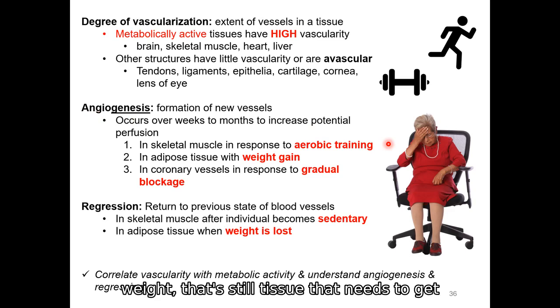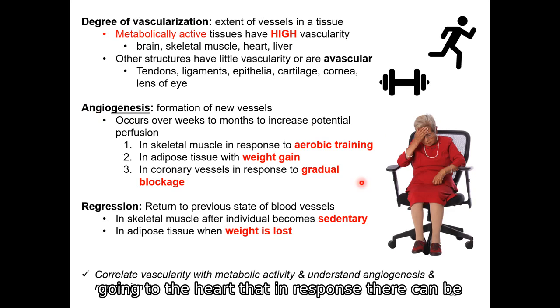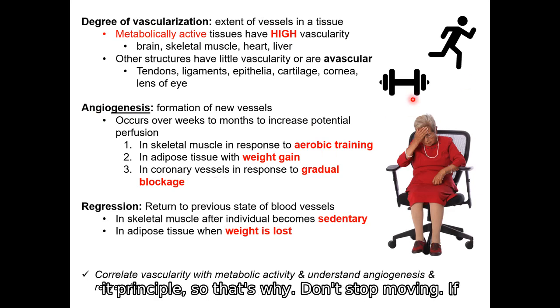Adipose tissue, as people gain weight, is still tissue that needs to get fed, so those vessels have to feed that fat tissue. We learned about the coronary blood supply going to the heart; in response, there can be more coronary vessels. So it's the use it or lose it principle.